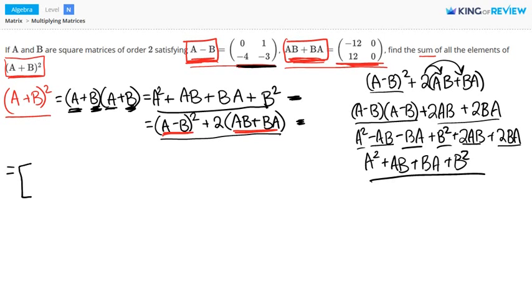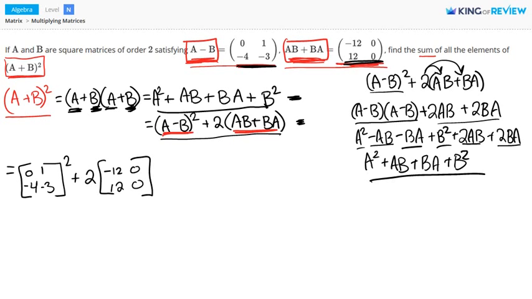So we have 0, 1, negative 4, negative 3, and this thing is squared, plus 2 times (ab plus ba). Well, that's represented by this matrix here, negative 12, 0, 12, 0. So now we just need to work this out.